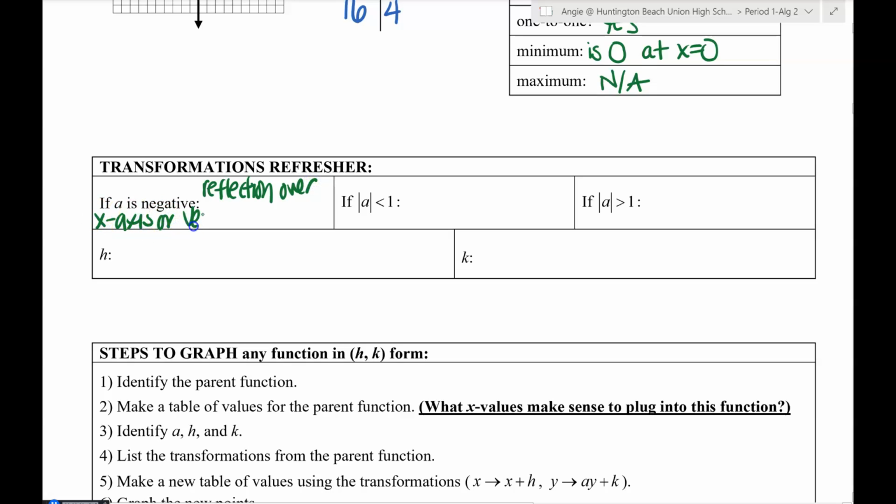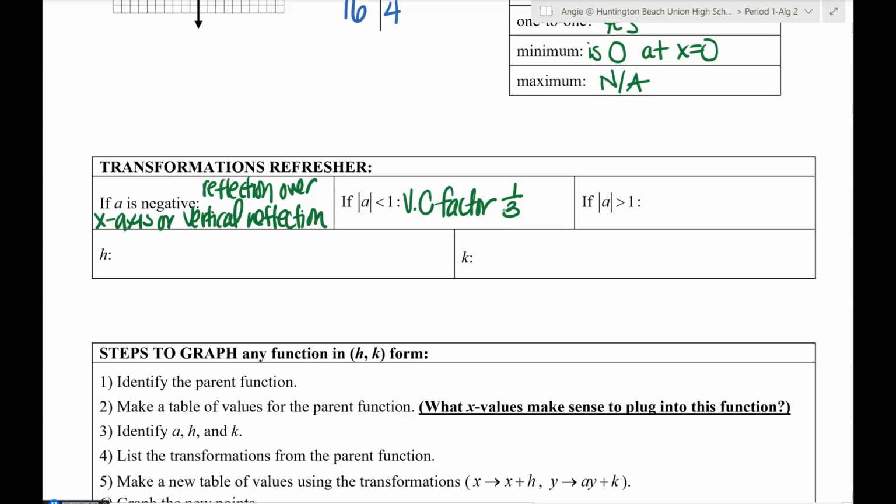Or vertical reflection. Now, if the absolute value of A is less than 1, and we talked about this before, then it's going to be a vertical compression factor of whatever that is. If it's 1/3, then it's a vertical compression of 1/3.